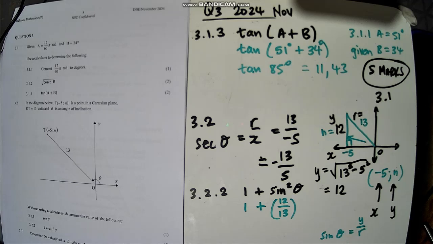Now sine theta is y over r, so looking at y over r, if that's our angle, then we have 12 over 13. So that is 1 plus 12 over 13 all squared, your calculator, 313 over 169.